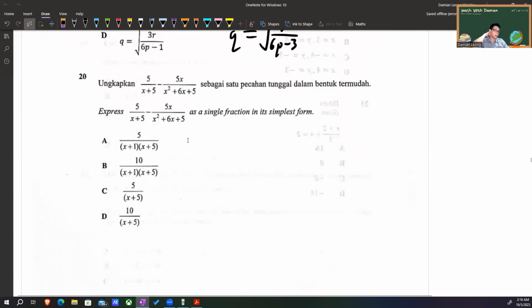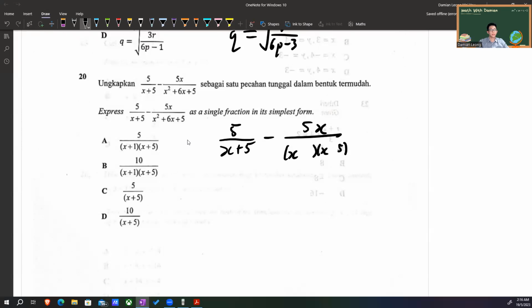Question 20. Express this as single fraction in its simplest form. First, we factorize this. So it's x plus 5, x plus 1. So it means I'm missing an x plus 1. So I times x plus 1 here, top and bottom. So it'll be 5x plus 1.